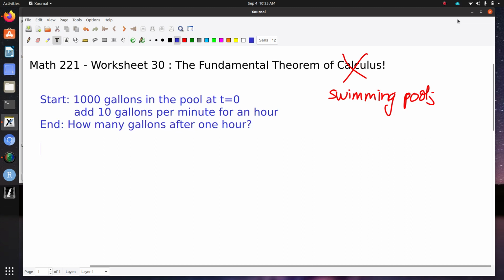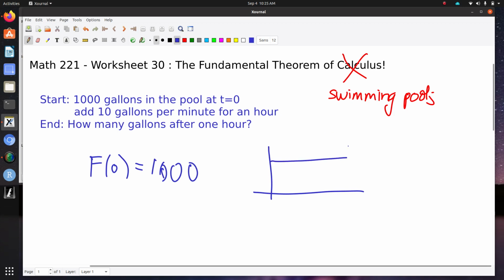In this case, what you want to do is say, okay, my starting value, my capital F at 0, is going to be 1,000. And my little f is actually a function, just a constant function, 10 gallons per minute. So per hour, it's going to be a lot more. It's going to be 60 minutes, so it's going to be 600 gallons.